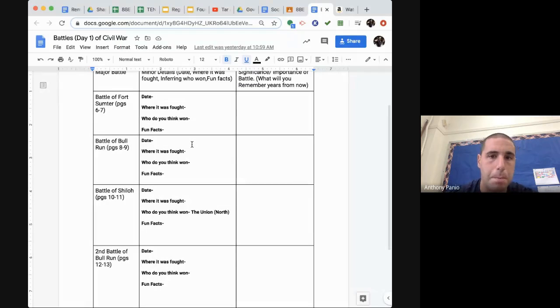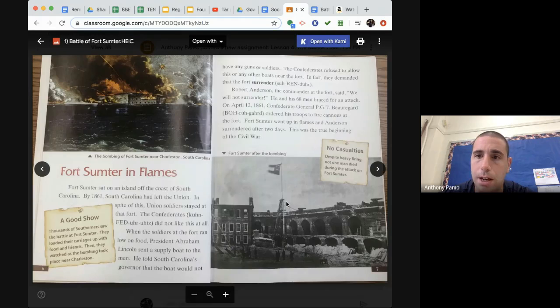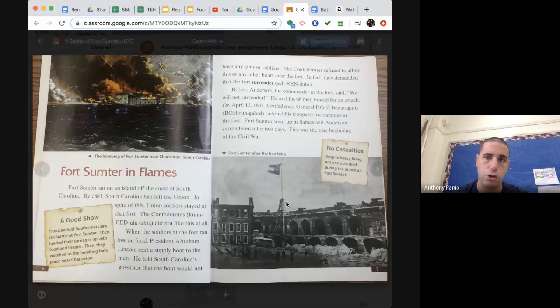The names of the battles are located on the left, and that's going to help you figure out which picture you're going to click on. So we're going to click on the Battle of Fort Sumter first. Now you see I labeled it in order, so it shouldn't be too difficult. You're going to click on this to read, and you should get what it looks like on your screen, like you're reading a book. So we'll treat it like an ebook, I guess you would call it.